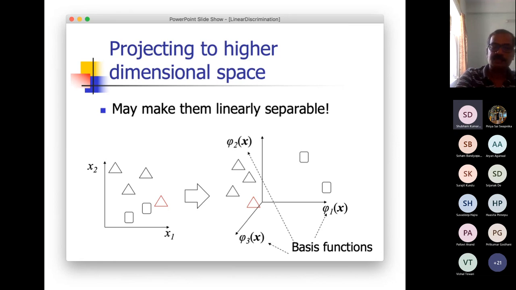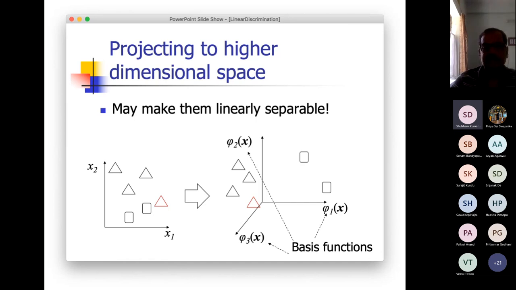So with appropriate transformation of the coordinates, transforming it into a higher dimensional space, that means from lower dimensional space to higher dimensional space, that is a transformation. Then you can make them linearly separable, and then you can solve the problem in that dimension itself, and solve the problem for classification.